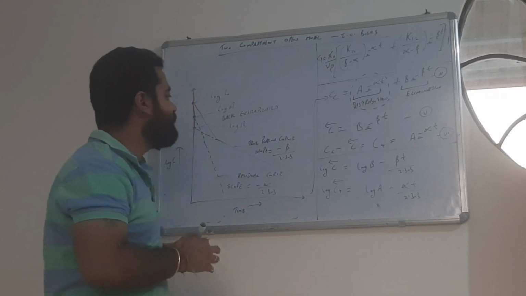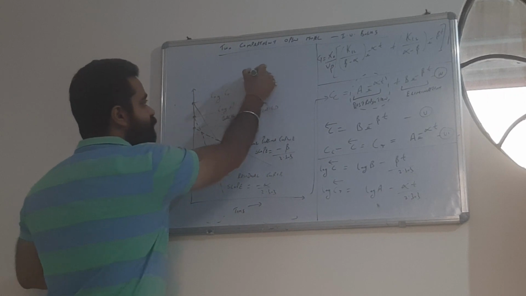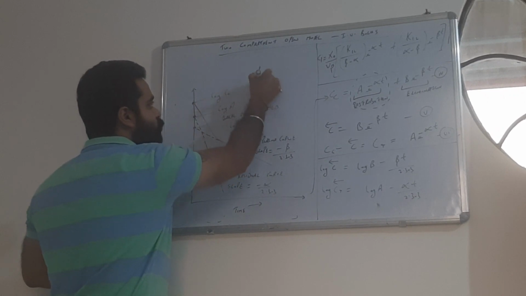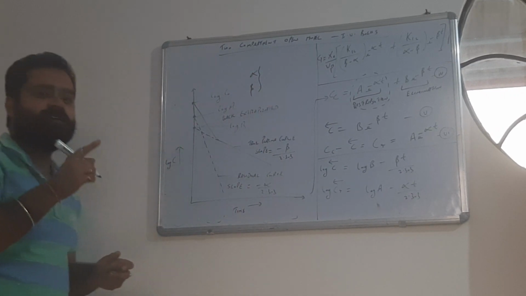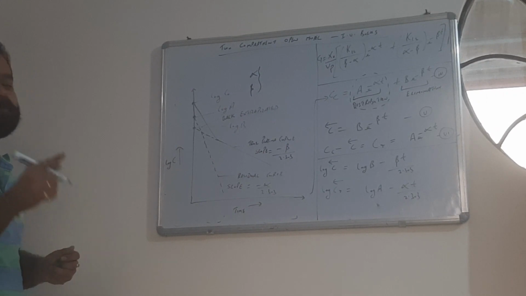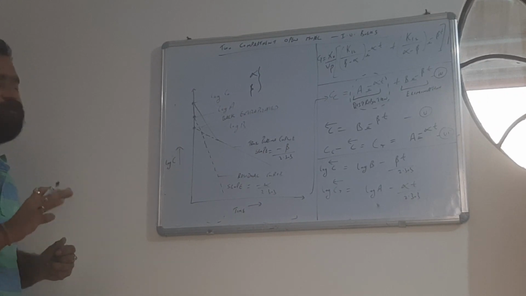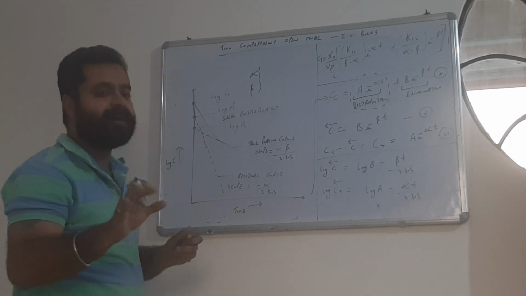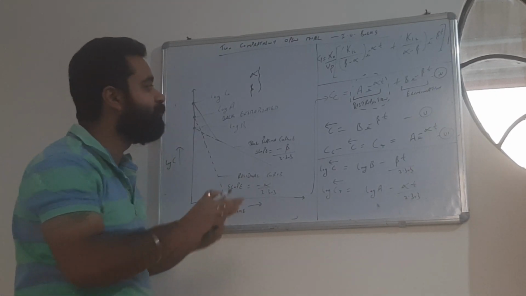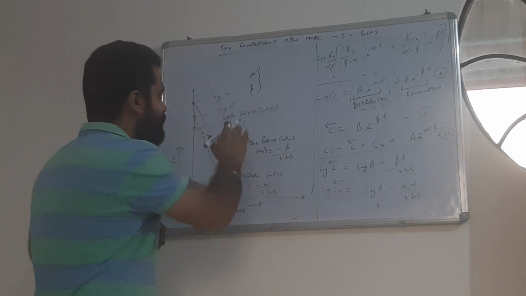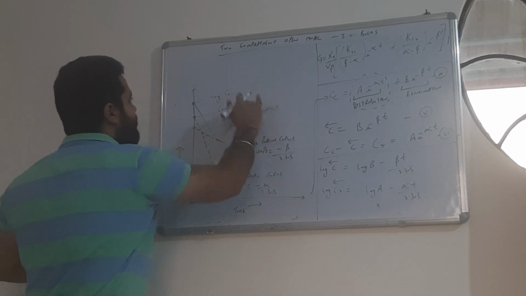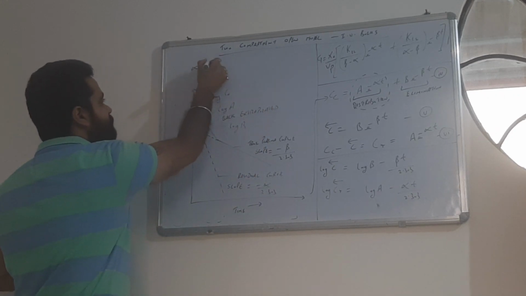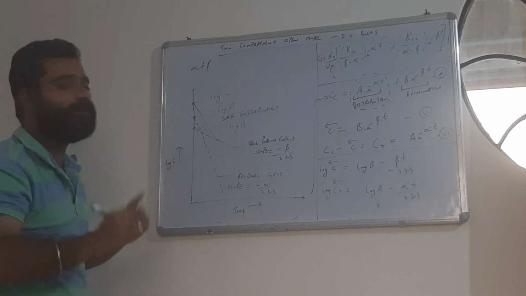So the basic thing is, how do we determine the values of alpha and beta, the two constants which represent the distribution phase and the elimination phase. Okay, so the overall rate constant is going to be a sum of all the rate constants used. That is, if we are determining the value of alpha plus beta, what is alpha plus beta?